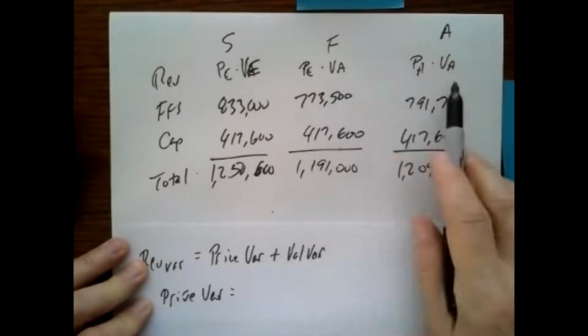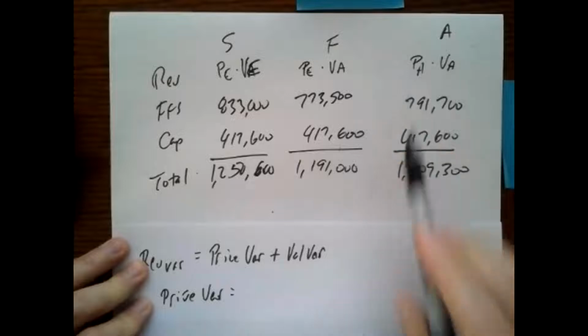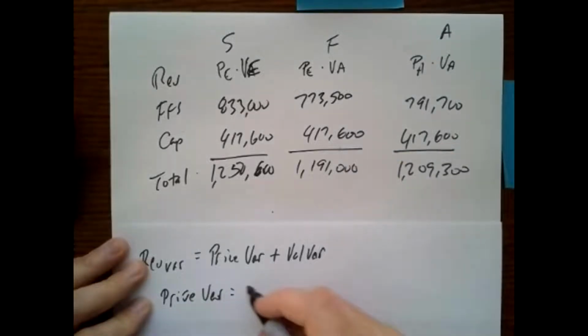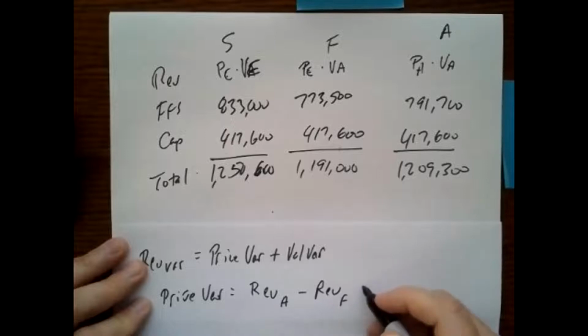So that would be fixed and actual. So price expected, price actual. So we're going to take price variance is going to be revenue actual minus revenue flex.